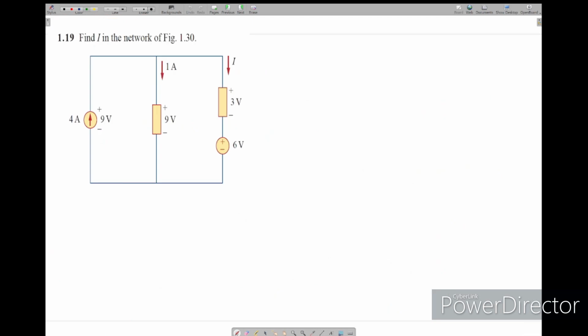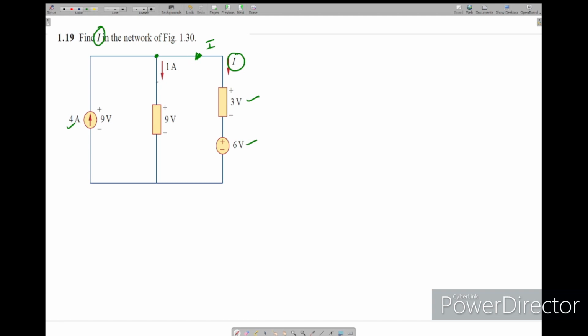Next we'll see this problem, where we find the current I. Where is current I? This is the current I. If you see this network, we have so many voltage sources and a current source, but we have no need of anything. Simply we'll write KCL at one particular node and solve for that.